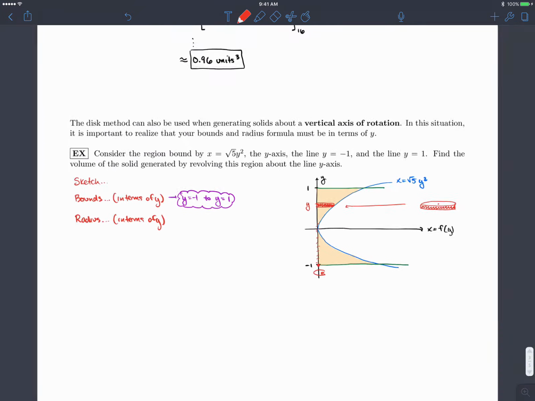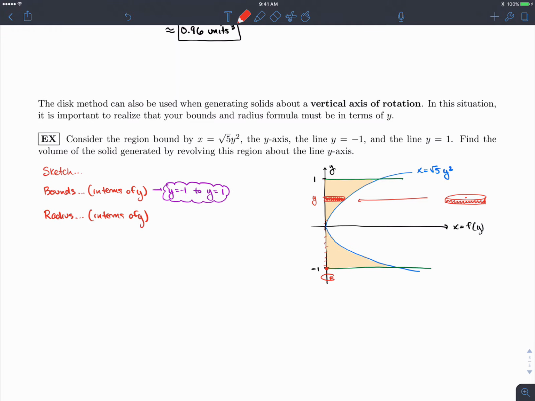As we've mentioned before, the radius is going to be the distance from the axis of rotation to a point on the boundary curve.